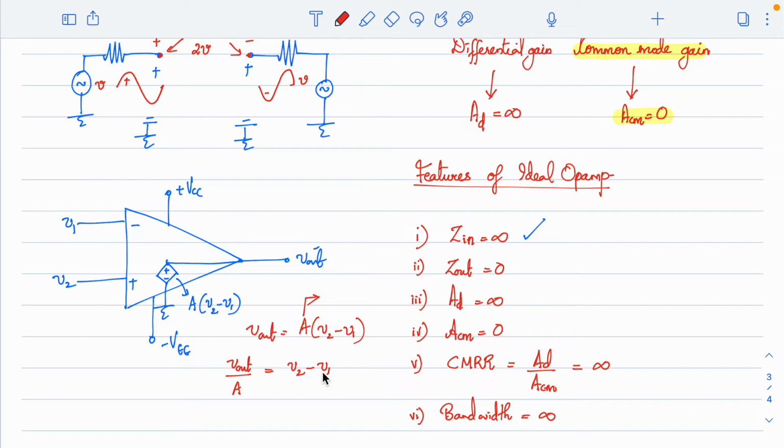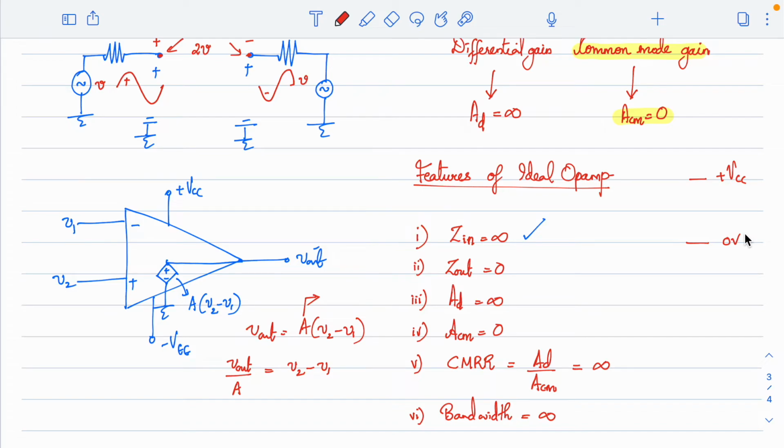Alright, I think there is a question, why minus VEE. So I am just using the typical 741 op amp diagram here. If your question is why this is not working with, say, plus VCC and 0, the answer is at least the op amps we are using in the labs, the previous discrete op amp which is based on BJT, there it works on dual power supply.